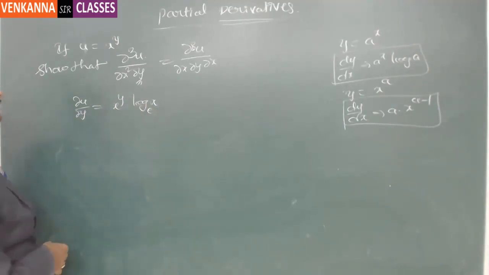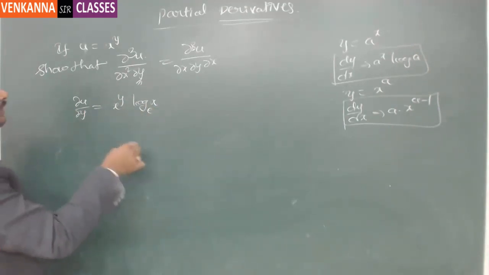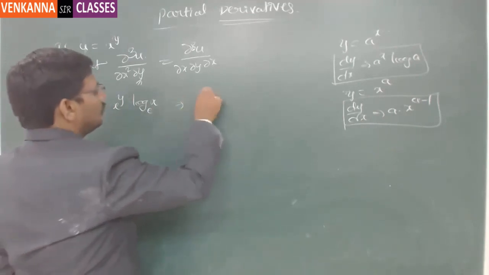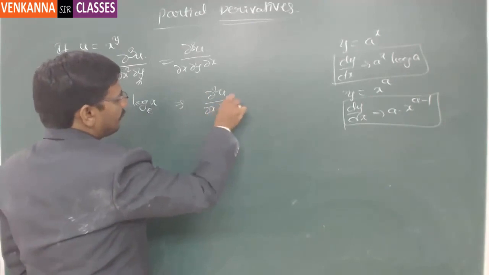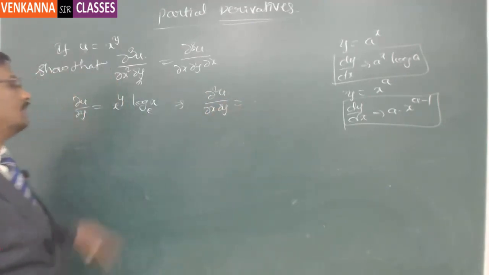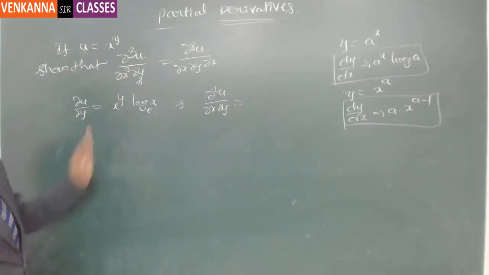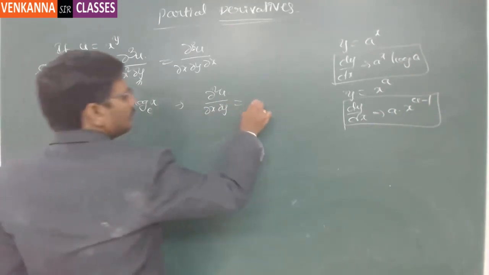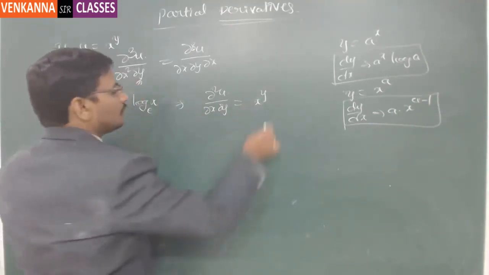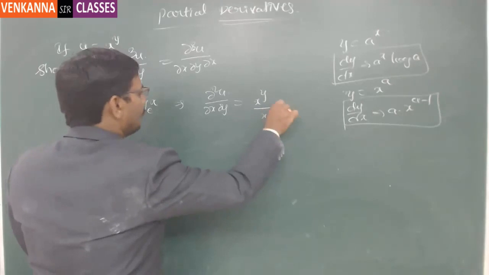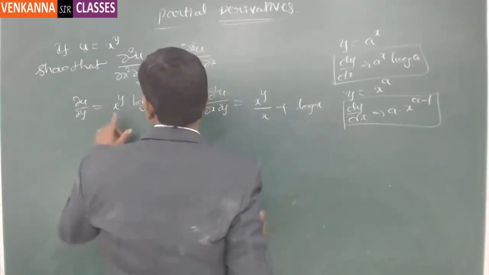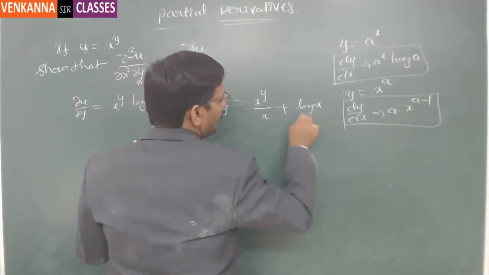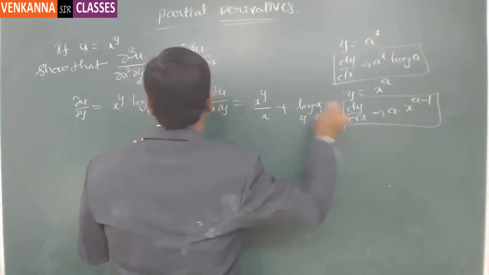Then you take the derivative with respect to x. So dou square u by dou x dou y, and this will be doing the derivative with respect to x. So this will be x power y into derivative of this, which will be 1 by x, plus log x into the derivative of x power y, which will be y into x power y minus 1.